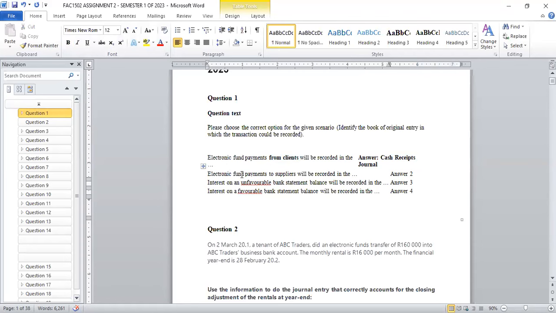Then here, electronic funds transfer to suppliers.